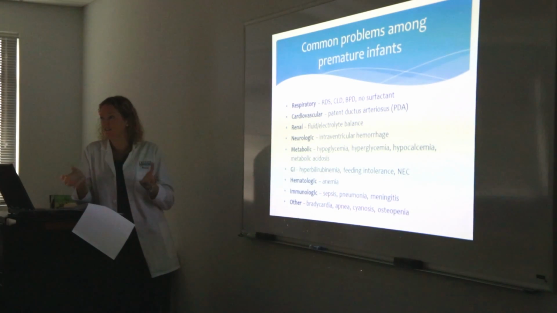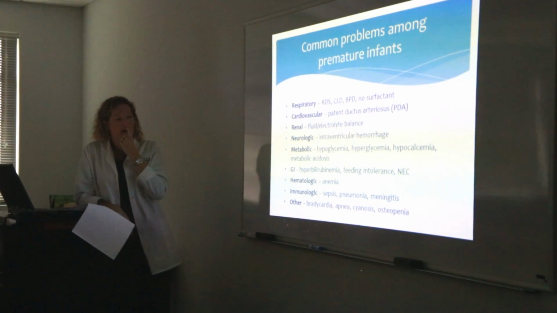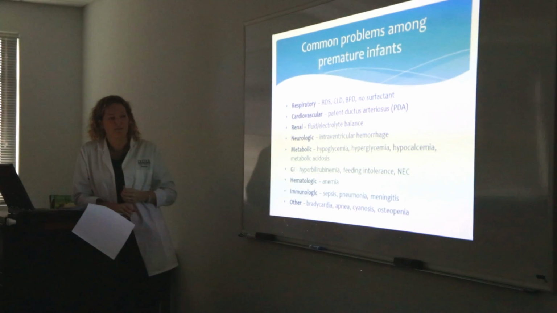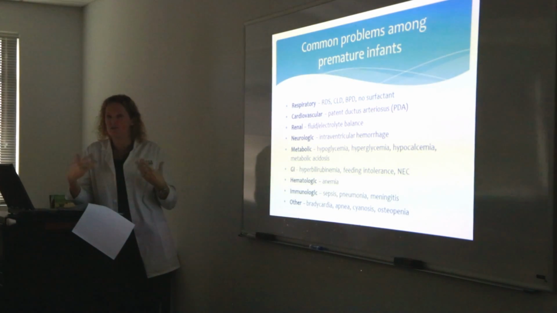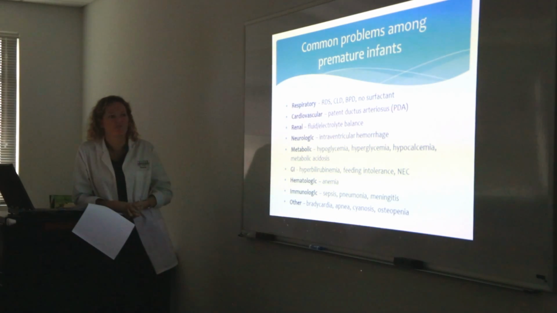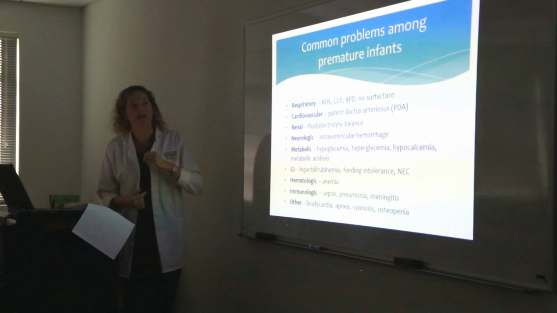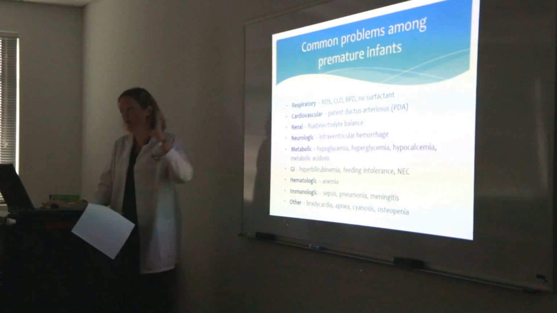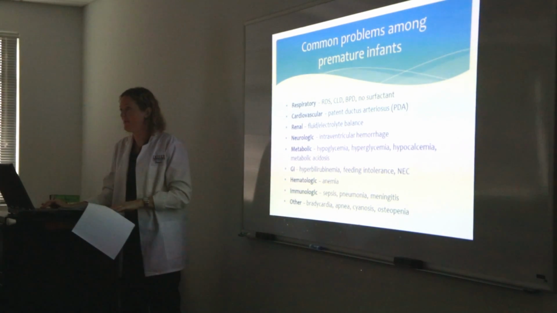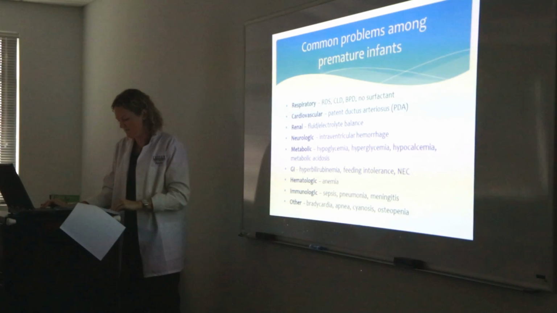So the gut isn't able to digest and absorb, and that part of the gut usually has to be surgically removed. Anemia, sepsis, pneumonia, meningitis. They're born in a compromised immune status, so they're more susceptible to these infections. Bradycardia, apnea, cyanosis, and we'll talk about osteopenia of prematurity. Several of those things could be happening with these premature infants.